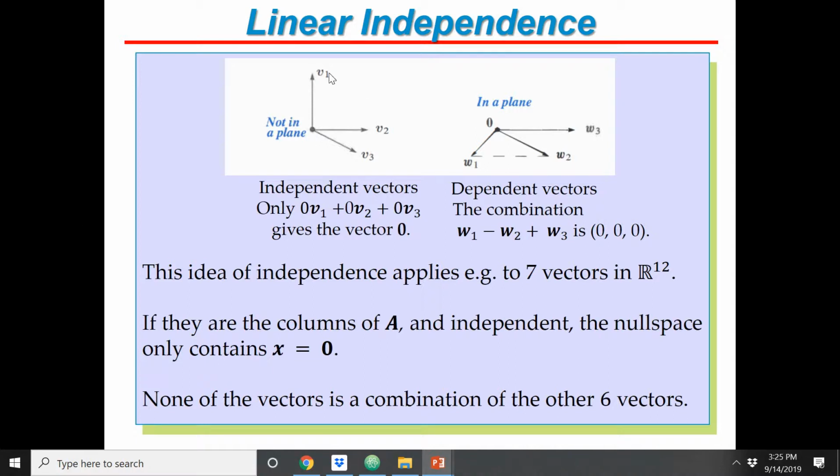In practice, that implies that you can write one as a linear combination of the other 2 vectors. In this case, you can try to take combinations of the vectors v1, v2, v3. You will see that the only combination that gives you the 0 vector is when the coefficients are all equal to 0.